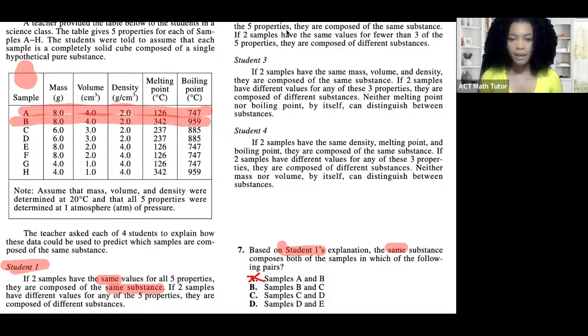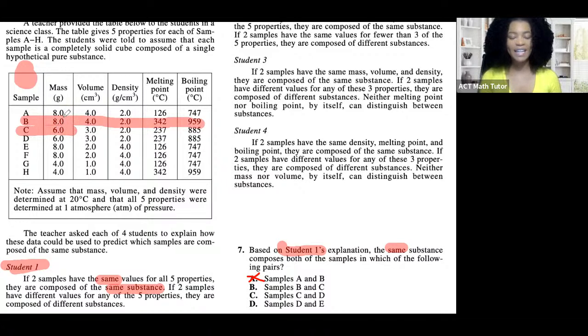Okay, we're going to get rid of A. All right, now let's do answer choice B and see if it works. Answer choice B is comparing samples B and C. As I'm getting ready to compare, I can see it already doesn't match.